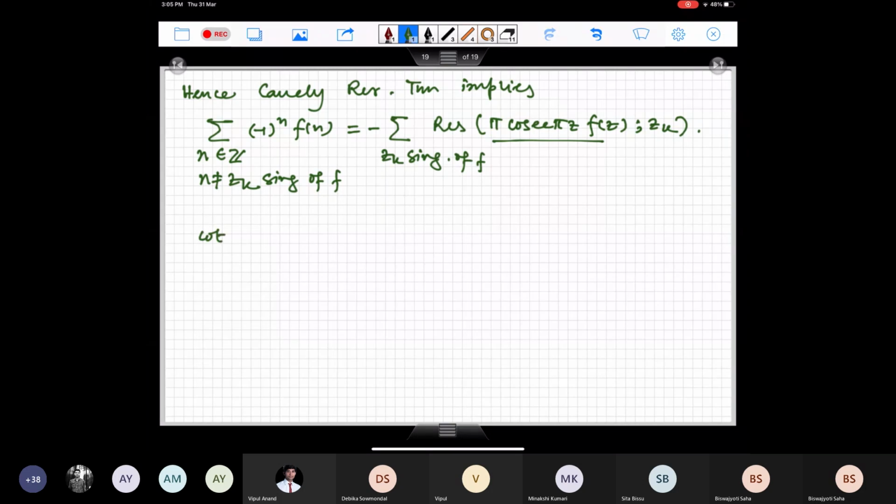Please check this yourself. I think cot z is 1 by z minus z by 3 minus 1 by 45 z cube plus dot dot dot. Let me just check once.